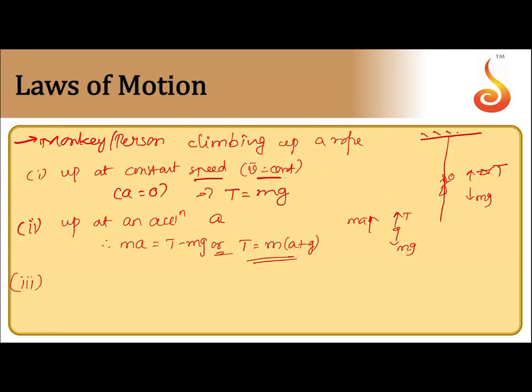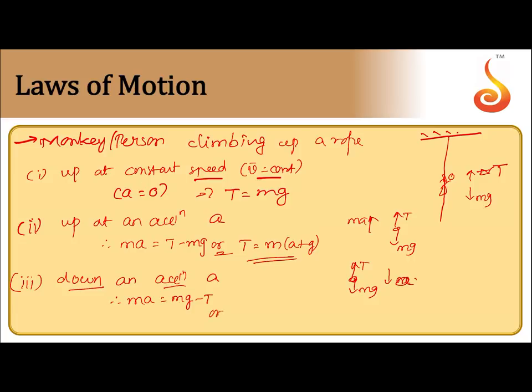Suppose I consider this case, it now moves down with an acceleration a. So this time what are all the forces? mg, T, and it is climbing down with an acceleration a. So what is the equation? ma = mg - T. Is that correct?